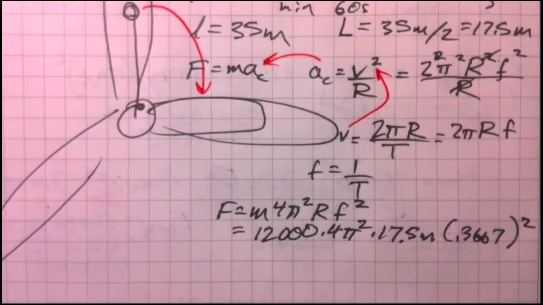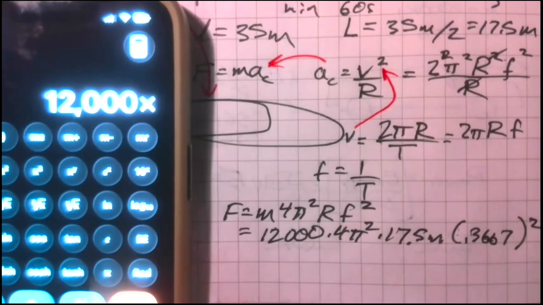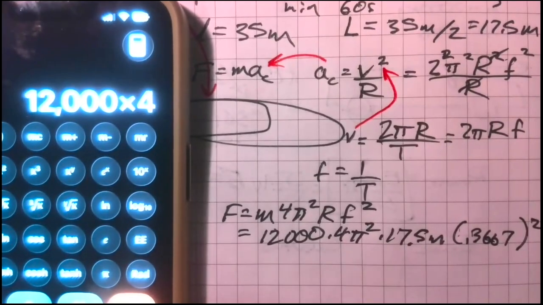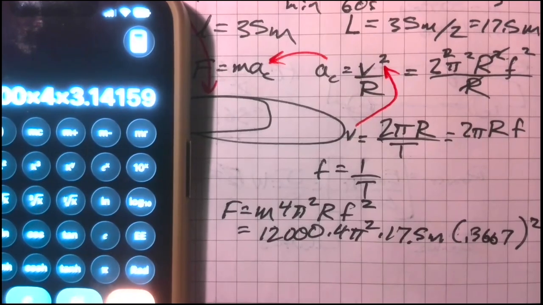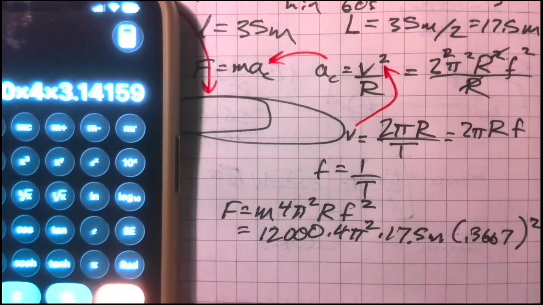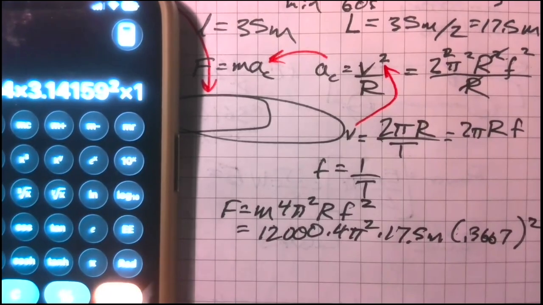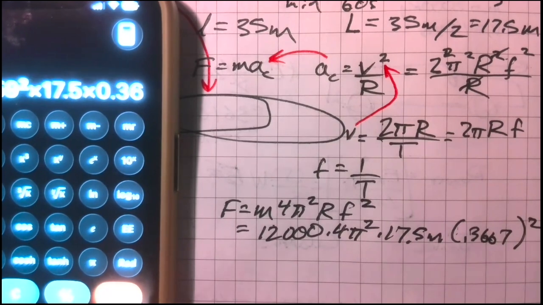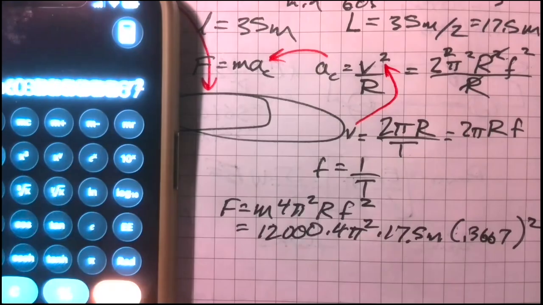Let me plug all this in real quick. 12,000 times 4 times 3.14159, that's pi to 4 digits, squared, times 17.5 times 0.366667, which is also squared.